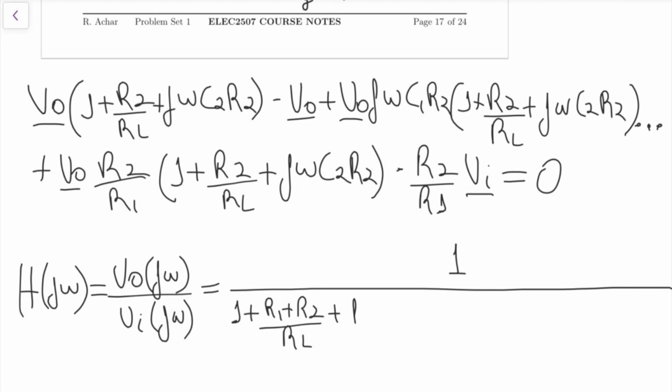plus j omega. So I'm going to isolate the terms j omega and j omega squared.